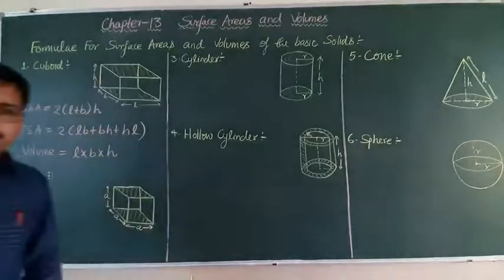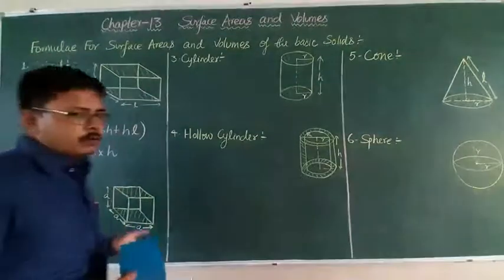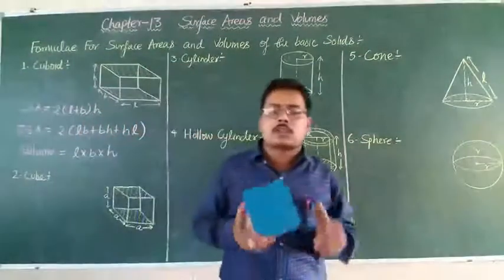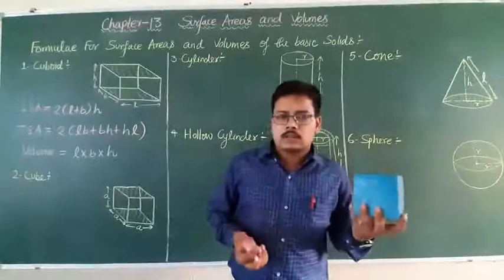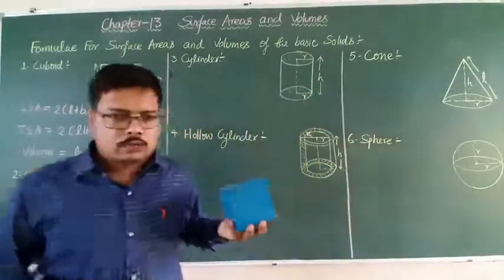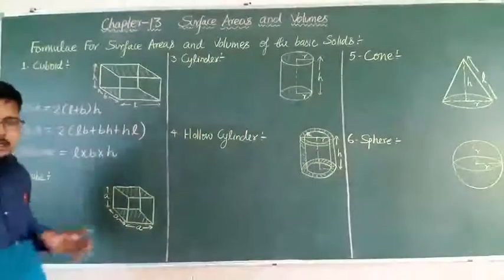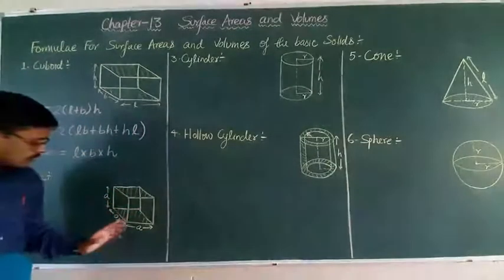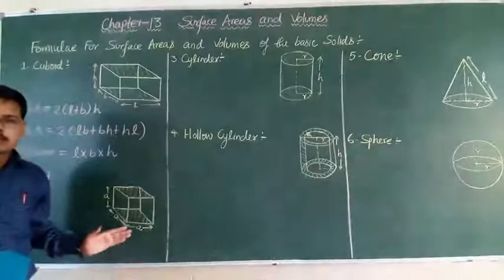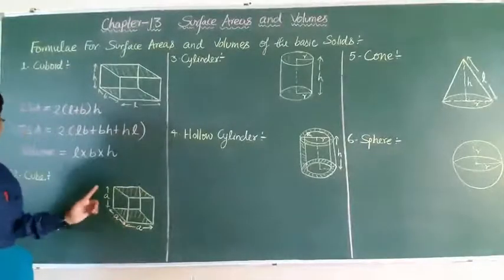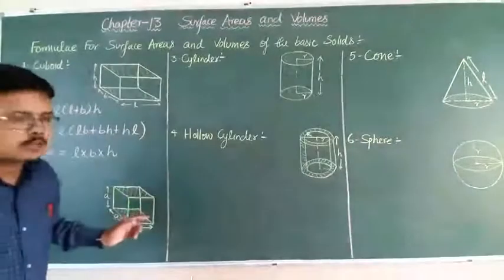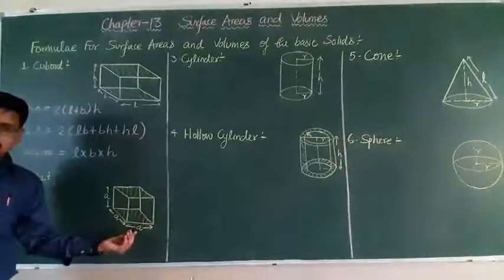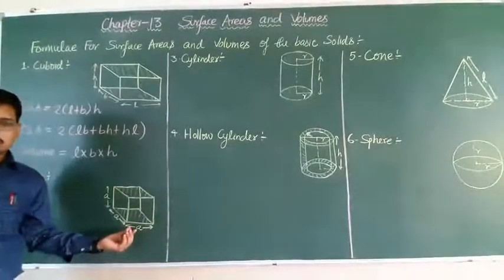Now for the cube, you know, cube is a form of cuboid. If all the faces of a cuboid become square, then that is the cube. So in a cube all the dimensions will be the same. That means length, breadth and height will all be the same. You can say the side or edge of the cube is a.